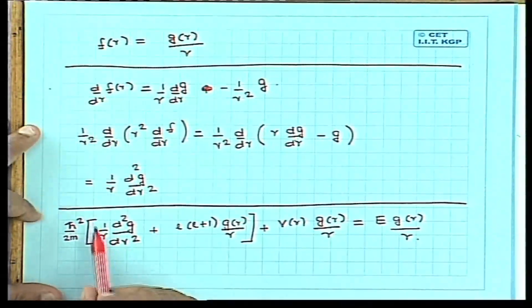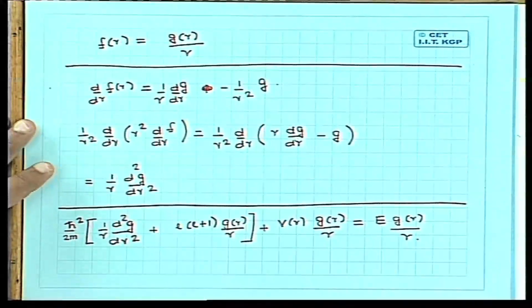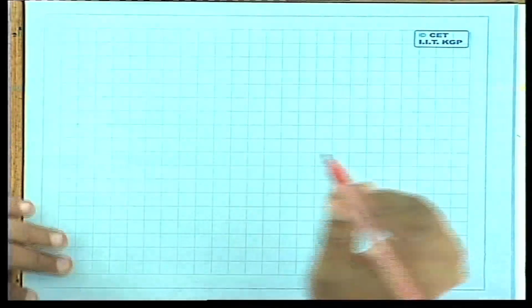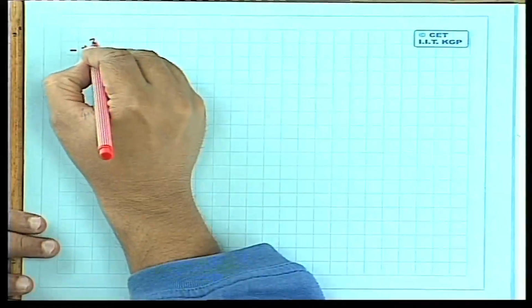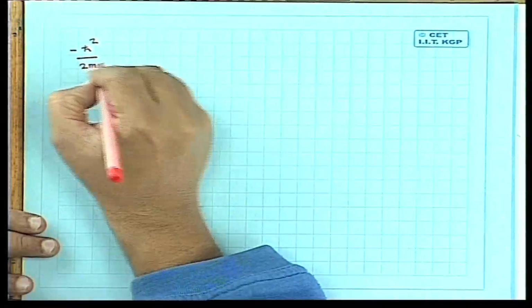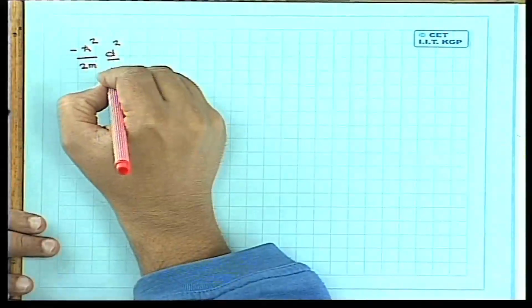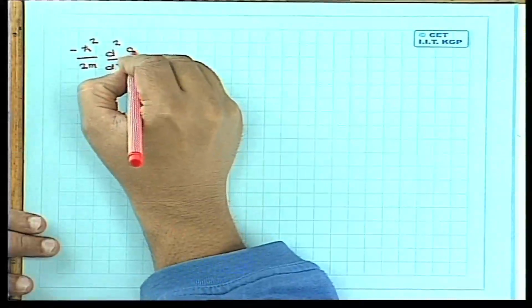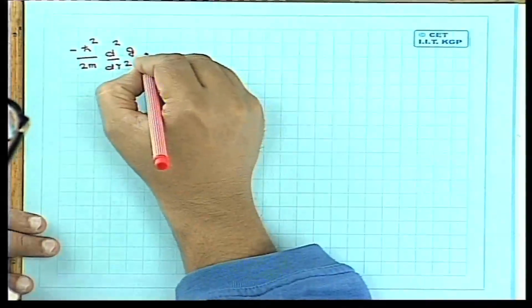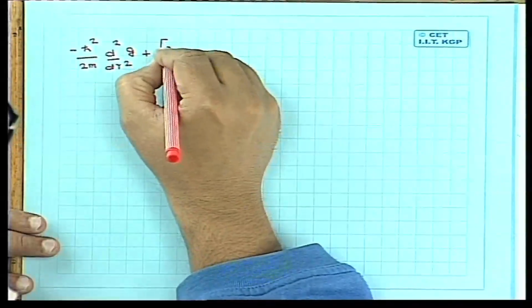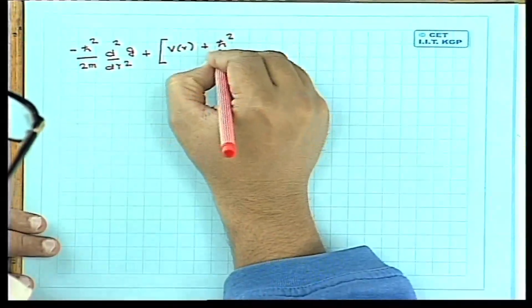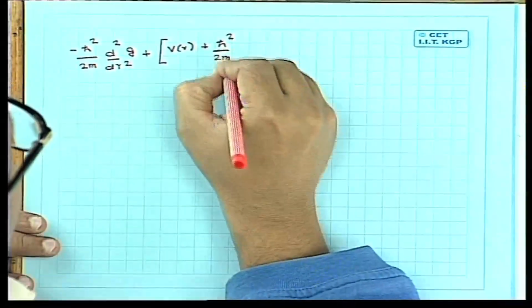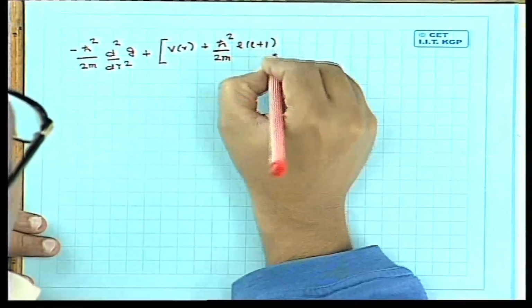Getting rid of these extra factors of 1 by r throughout, this whole thing can be written as follows. So what we have is minus h cross square by 2m, plus the potential plus h cross square by 2m into L into L plus 1 by r square.